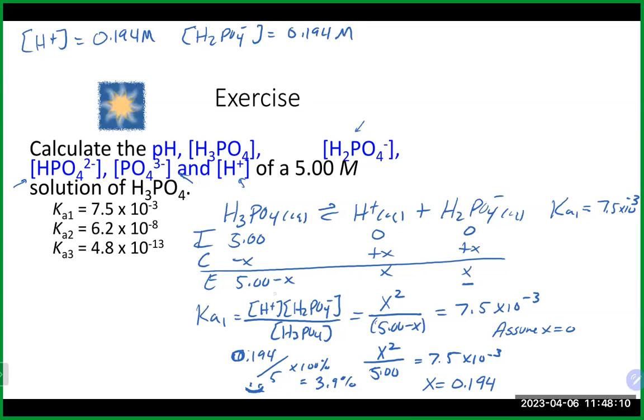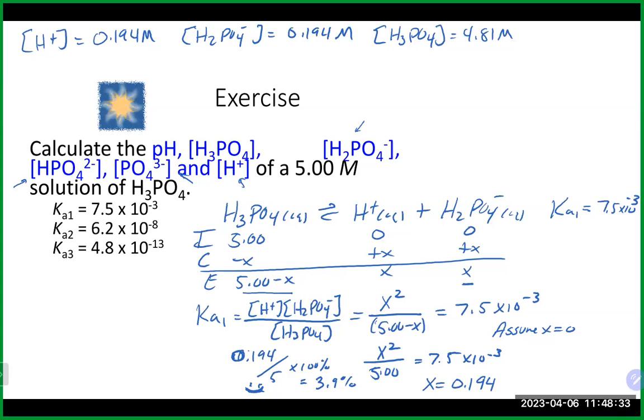And we also see at equilibrium that the phosphoric acid would be 5 minus X. So if we take 5 minus 0.194, 4.81 would get us that. So we'll call it 4.81 molar.